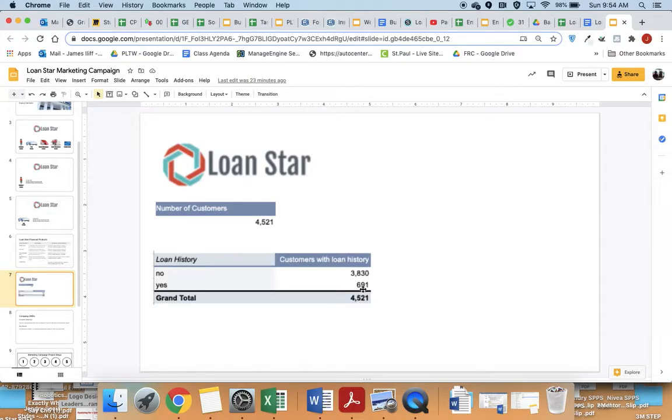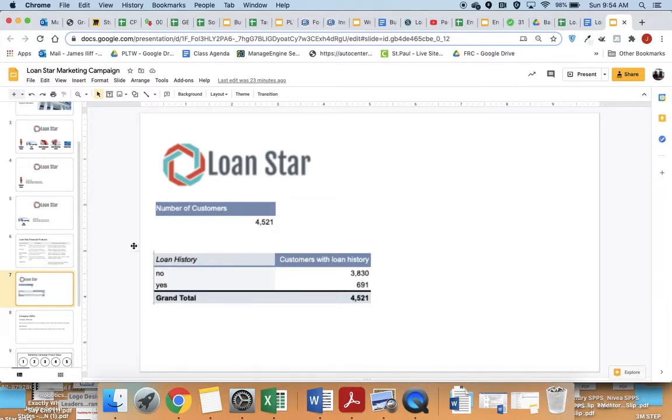So that's interesting. And by the way, this is why, look at the disparity here. 691 have had loans, 3,800 haven't had loans.